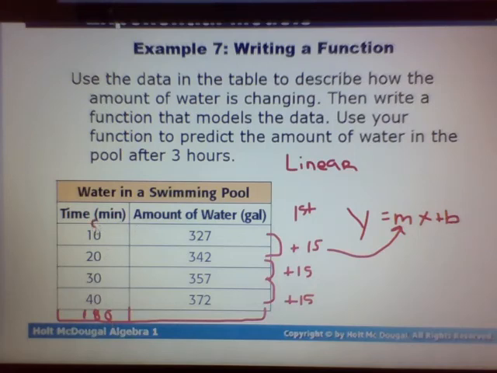Notice that if we go down to 0 in our table, instead of adding 15, we'd subtract 15. So 327 minus 15 leaves you with 312. And so we know that our b value is 312, and so our equation can be y equals 15x plus 312.